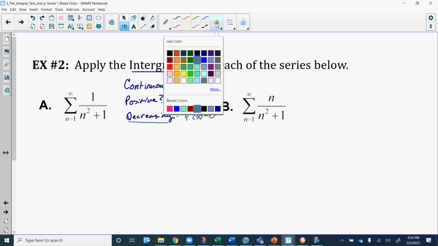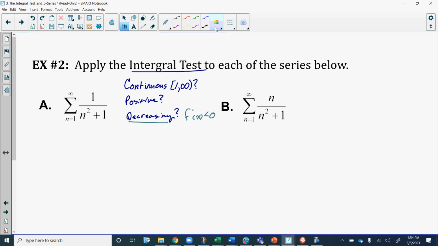Let me go ahead and transition to a different color here. So, what we're seeing here, we are not going to have any kind of problems in the denominator. The only value that we might have an issue with is if we were able to get a -1, but since we're squaring everything, it's not possible for n to produce a negative value.